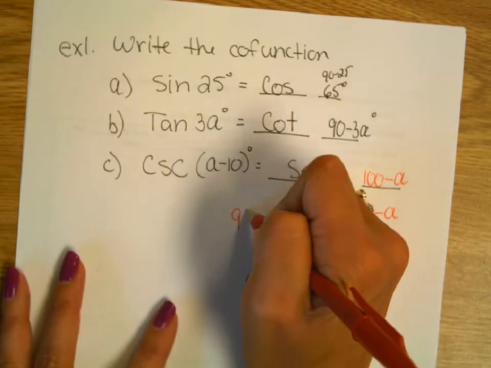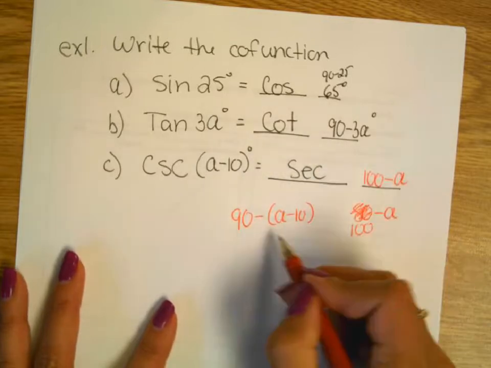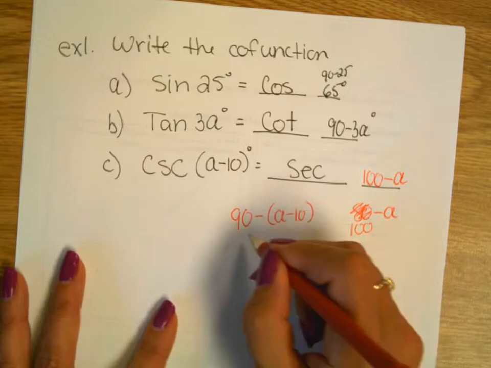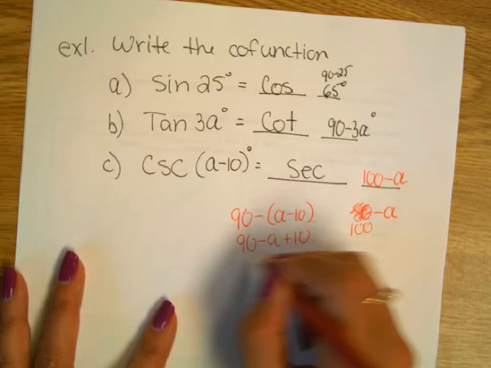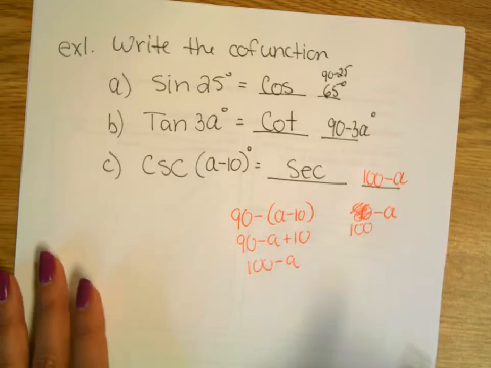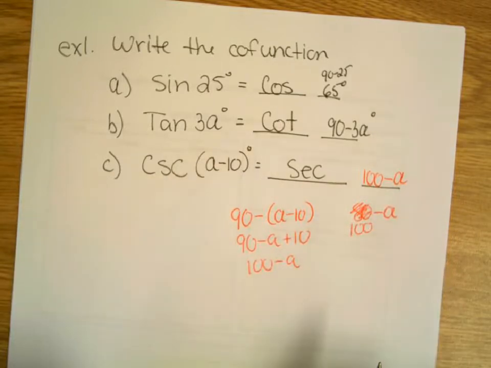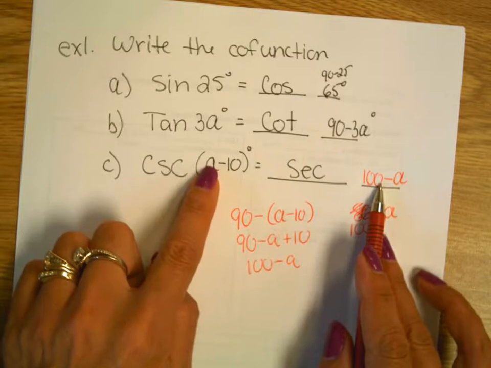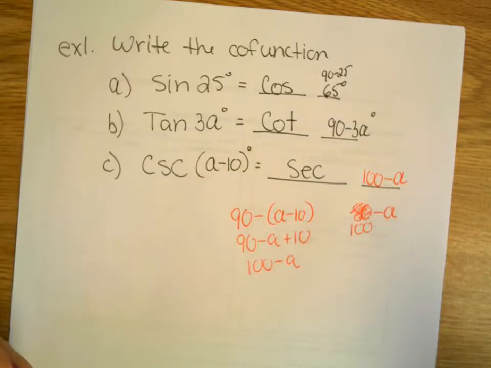But if I go 90 minus, you have to distribute that minus, and that's where you get the 90 minus a plus 10, which gives you the 100 minus a. So whatever way, you can do it mathematically, or you can just think about it logically. Your choice. When you add back, you better get 90 because the two angles have to be complementary. Good there? Turn the page.